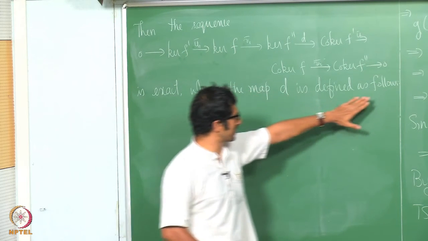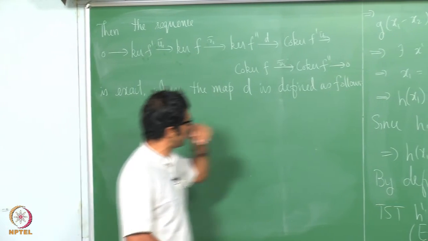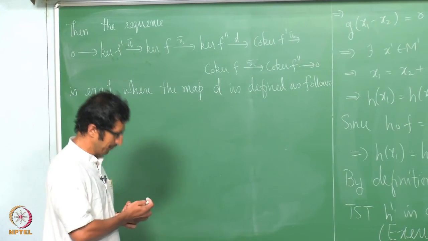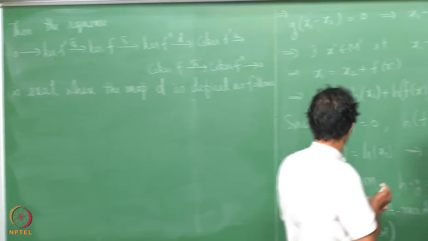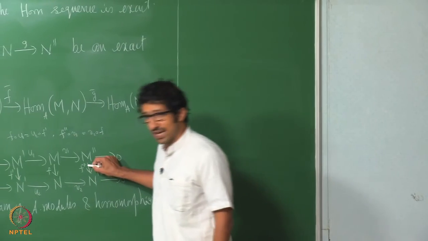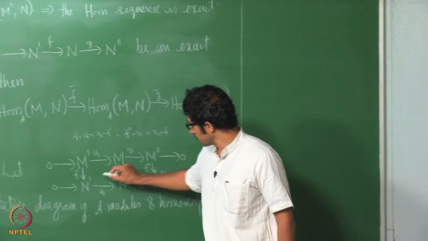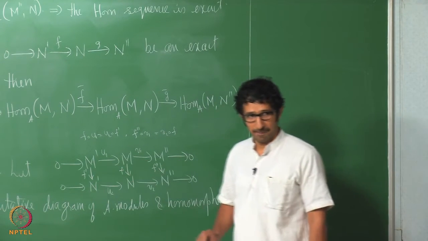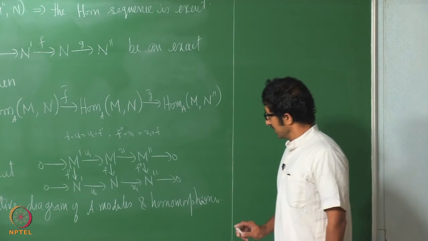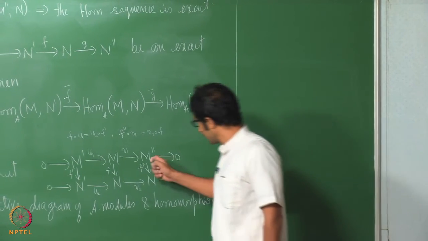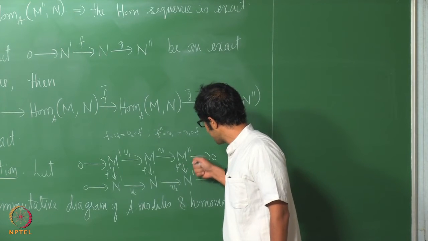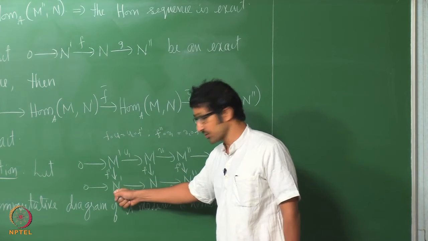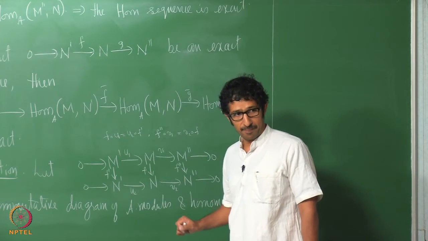Okay, maybe I will do the definition of D first. So, I want to define a map from kernel of f double prime to the co-kernel of f prime. So, I want to define a map from a submodule of this to a quotient module of n prime.